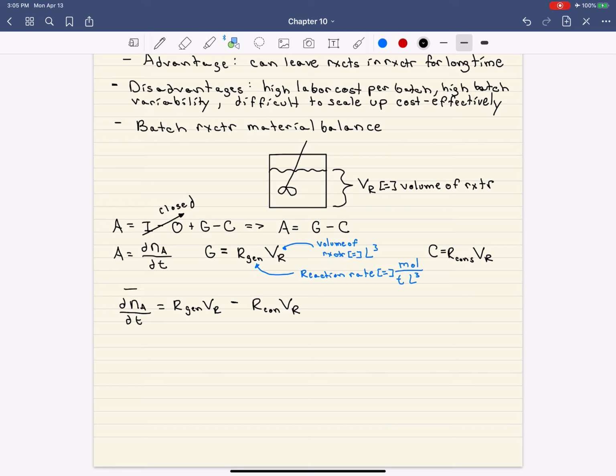Okay? And so I'll say that this is the general material balance equation for batch reactors.